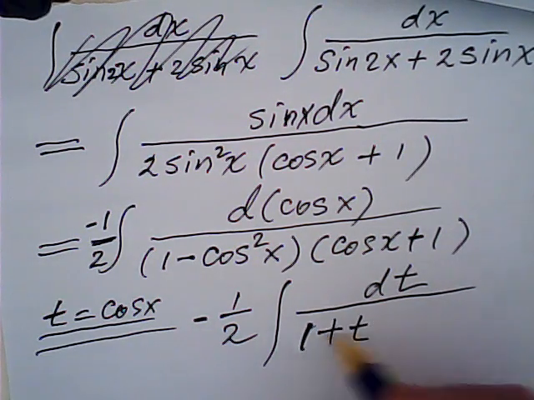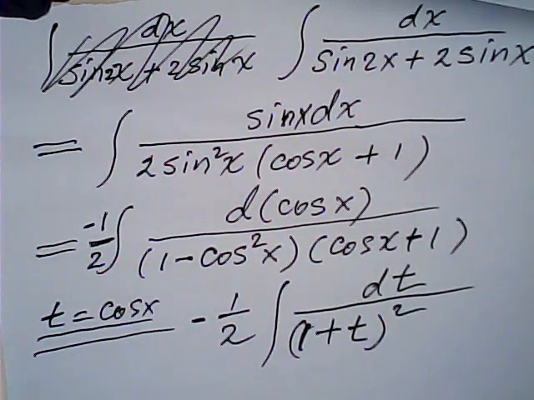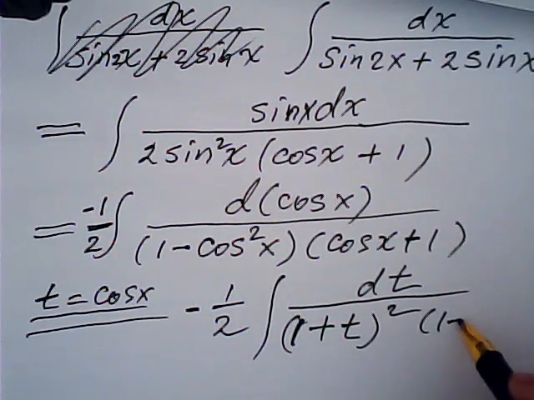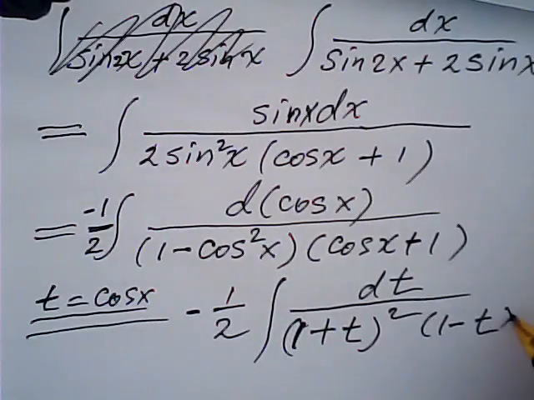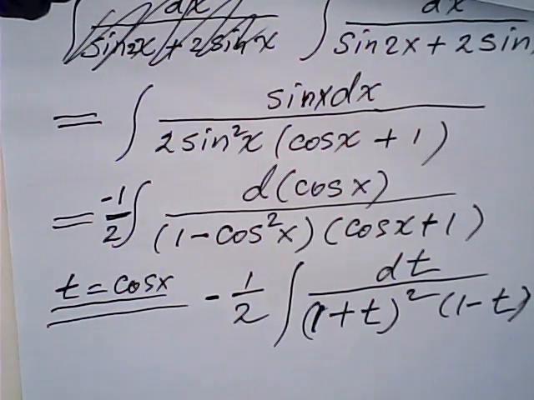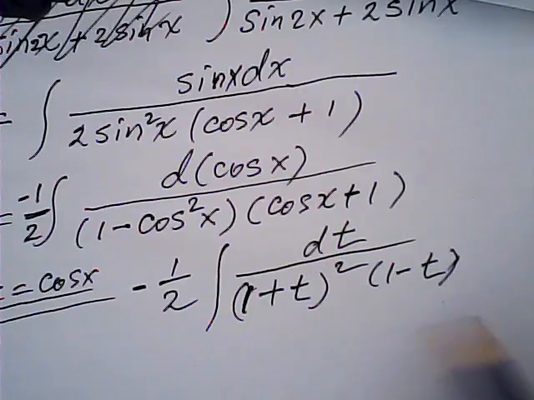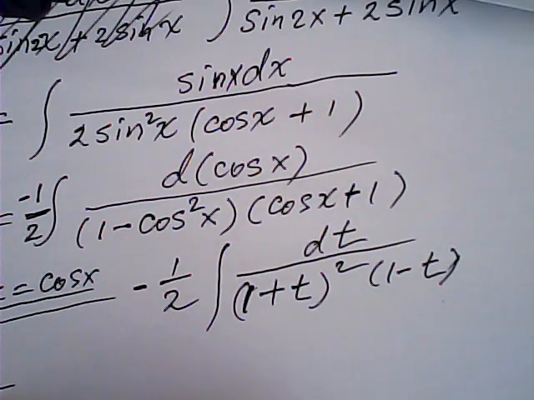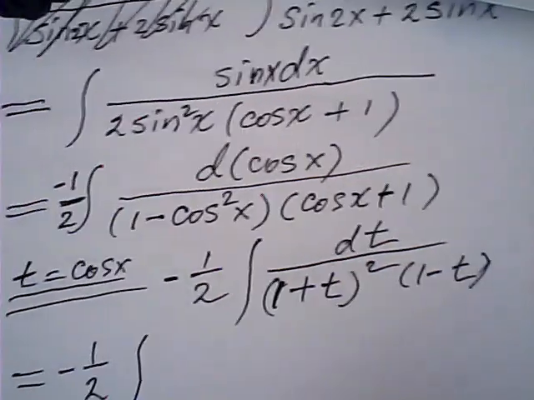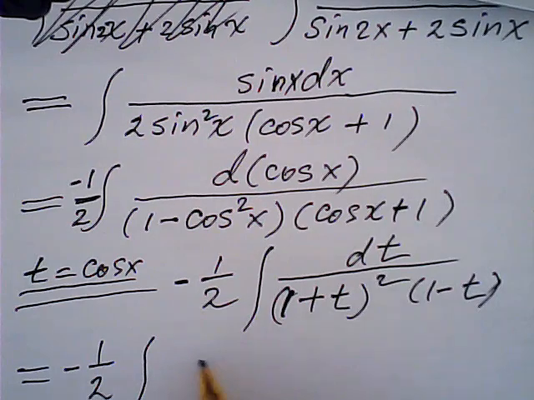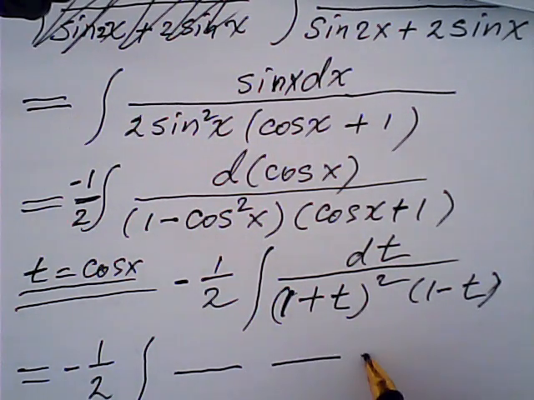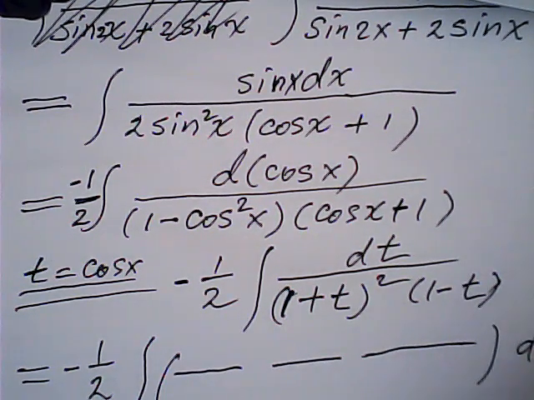So this is 1 plus t squared times 1 minus t, right? Okay, good. So obviously now we can use partial fractions. Negative 1/2. You know partial fractions, right? Now let me omit some details.